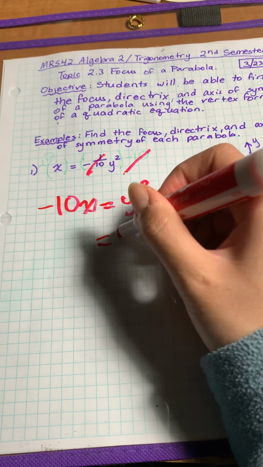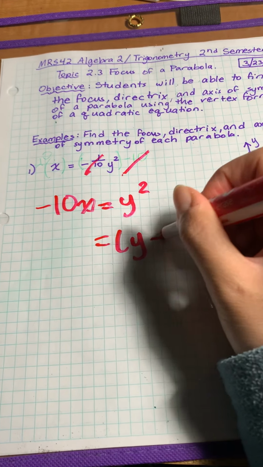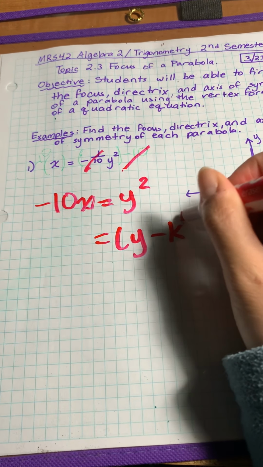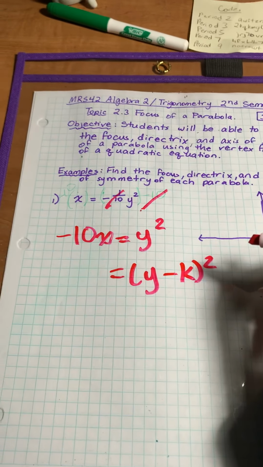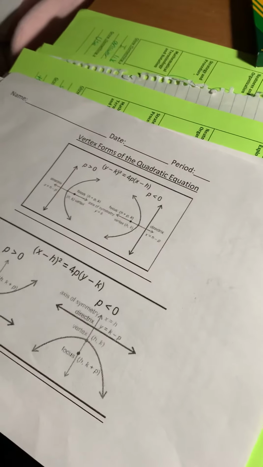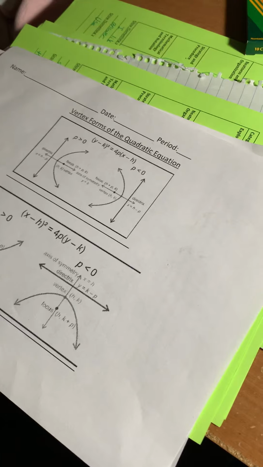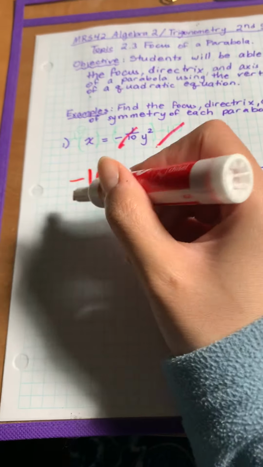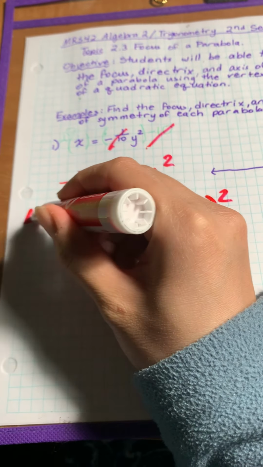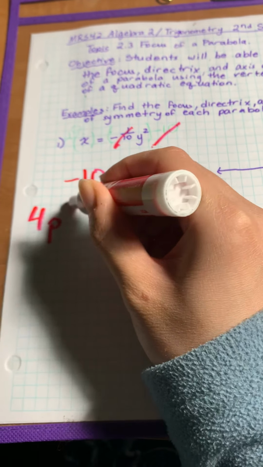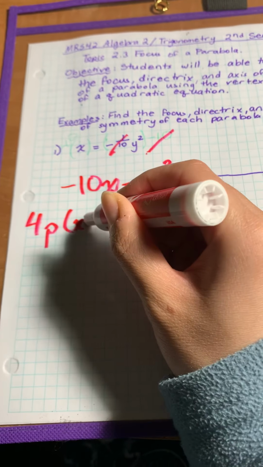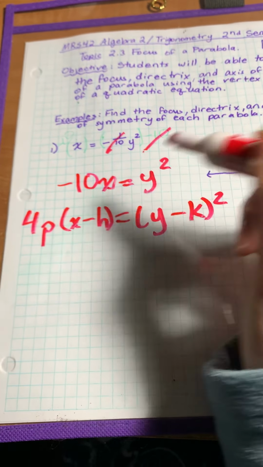That form was y minus k squared, I'm just copying it from the notes right over here, is equal to 4p times x minus h.